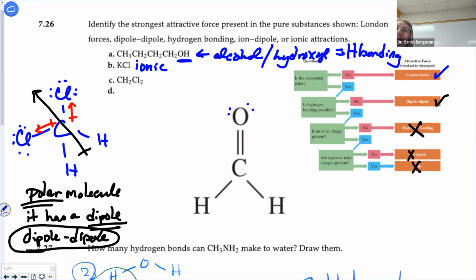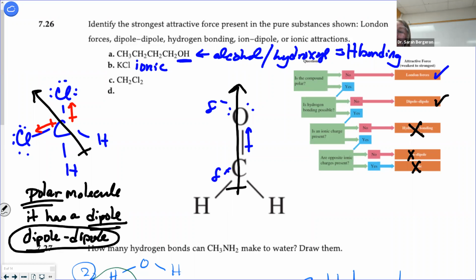Look on your best friend. Yes, we do have an electronegativity difference. So what kind of a dipole is happening in this molecule, right? We have one bond that's polar. That one bond points to the oxygen because it's partially negative. So the carbon's partially positive. So what's my overall dipole moment? Looks like this.